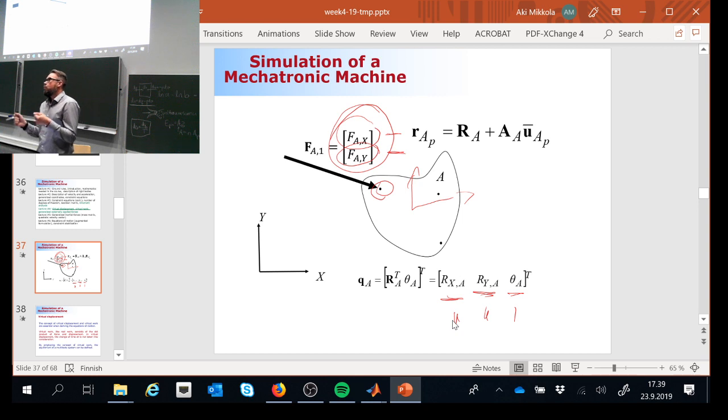And why do we need this mapping? Because the unknowns are everything for us. We have to express all the forces using the unknowns in order to be able to solve for them. And again, the unknowns are called generalized coordinates.